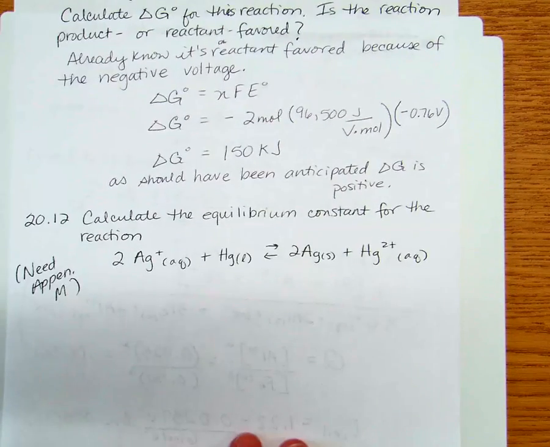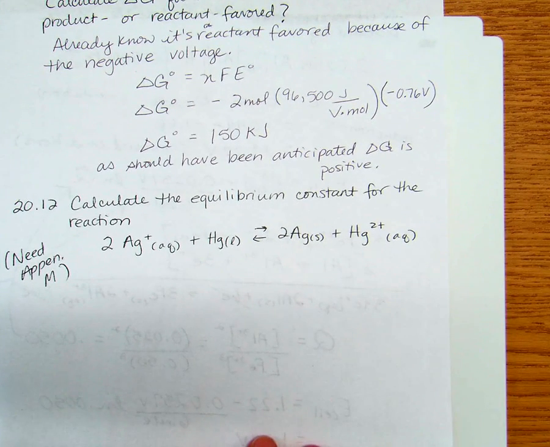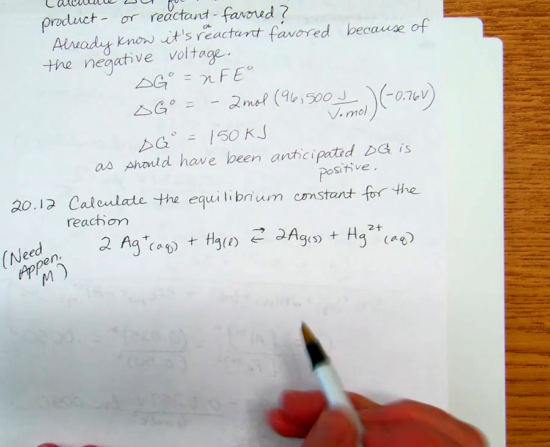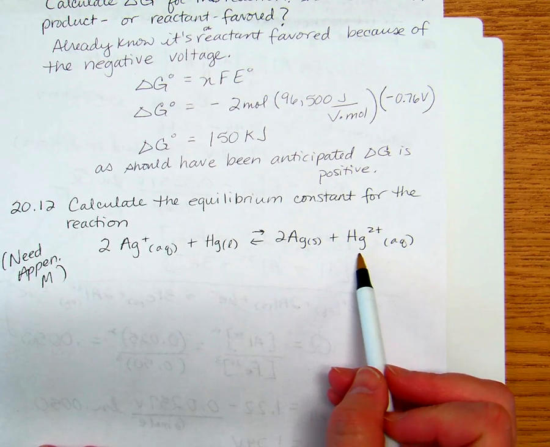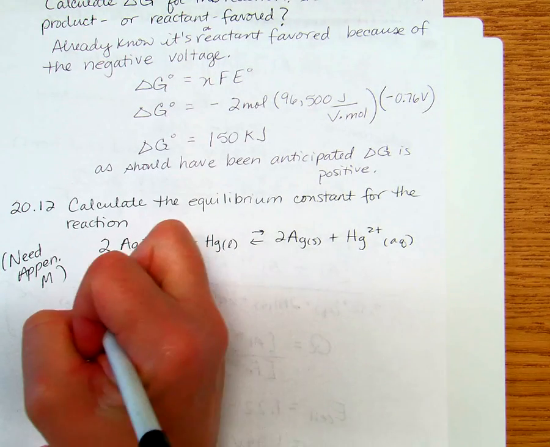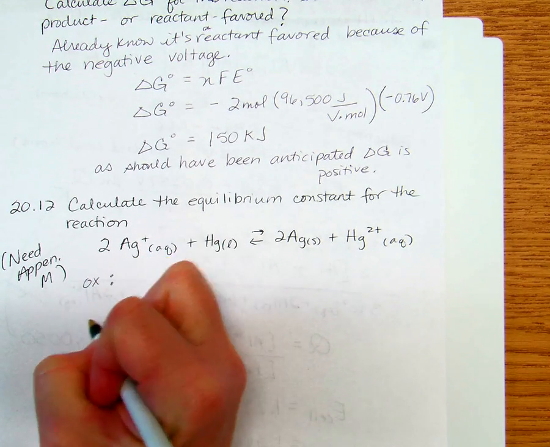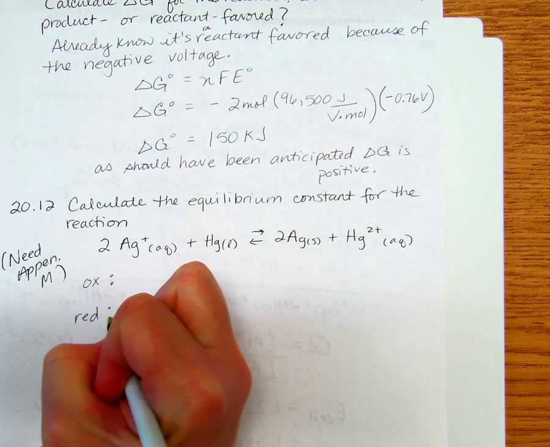Last example. Calculate the equilibrium constant for this reaction. So the net ionic equation is provided to you. And to calculate the equilibrium constant, you're going to start by dividing this into the oxidation and the reduction.